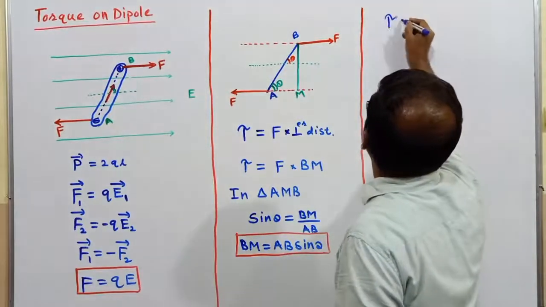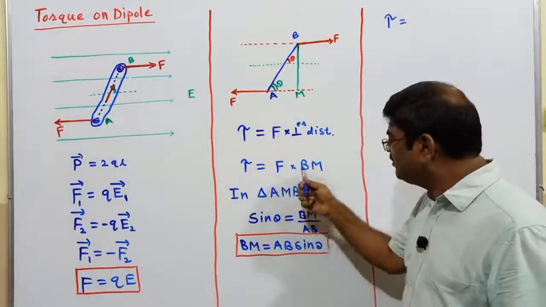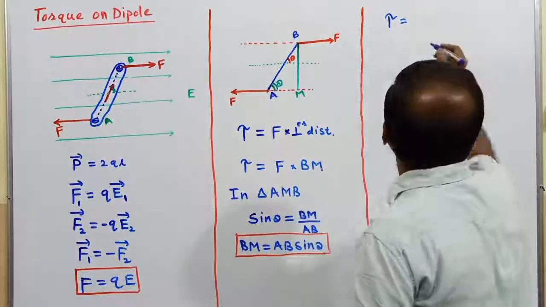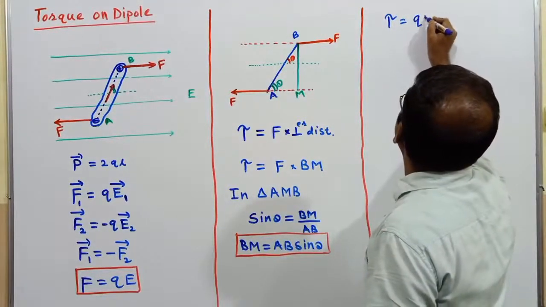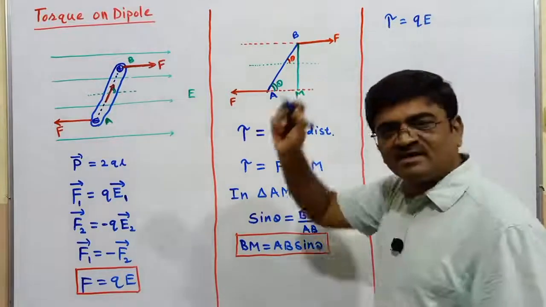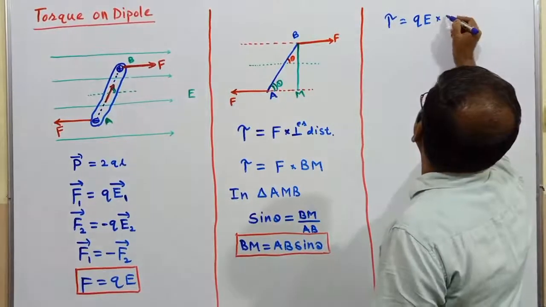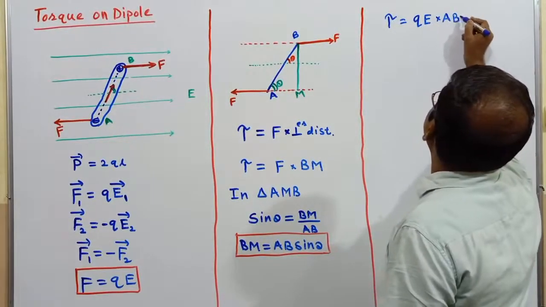If I substitute the F value and BM here, F value I already have got. How much is F? QE. Correct? And how much is BM? AB sin theta.